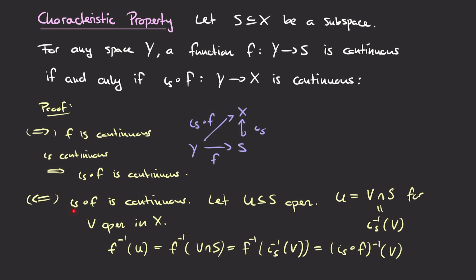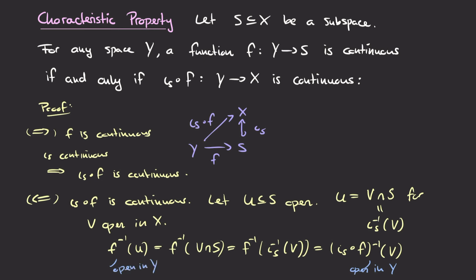Now, because we've assumed that this composite ι_S after f is continuous, and we know that V is an open subset of X, this means that this preimage here is open in Y, and because of the equality we've established, this means that the preimage of U under f is also going to be open in Y.